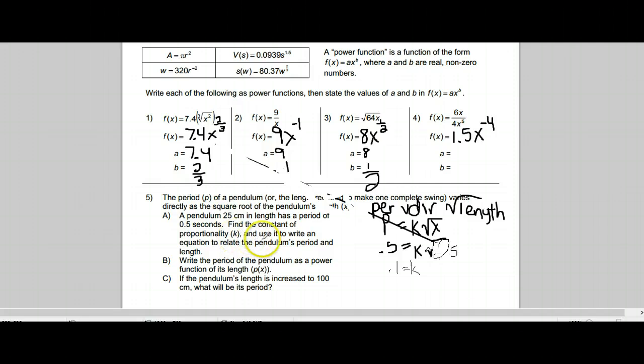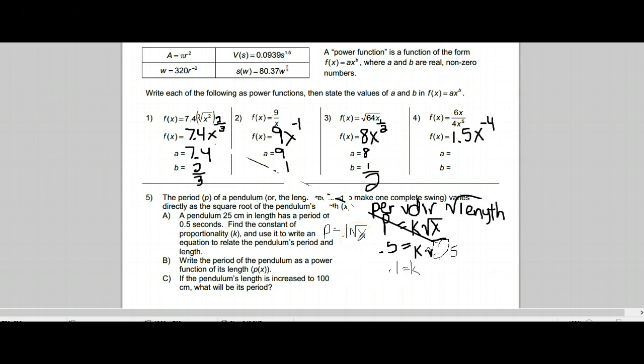We did that, and we're going to use it to write an equation to relate the pendulum's period and the length. So we have period P equals, in place of k, we're going to put 0.1, and then it's going to be the square root of x.